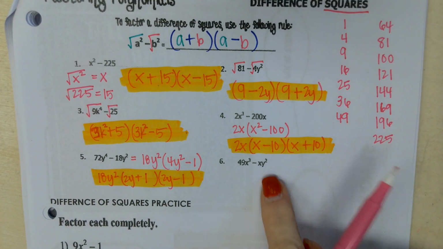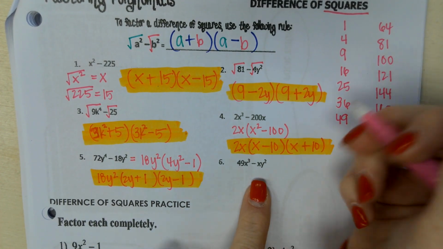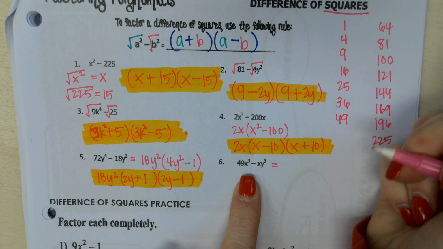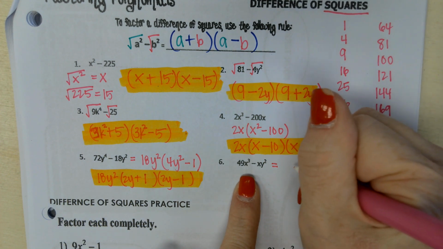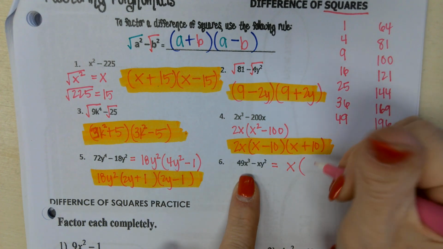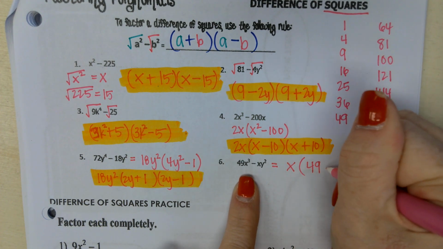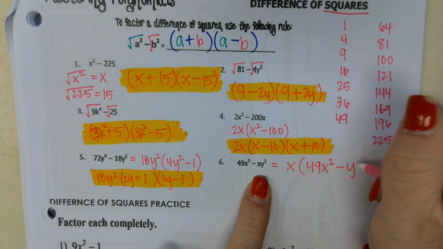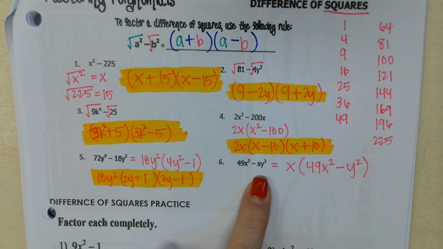Okay? What about number 6? What can I remove? What do they both have? They both have an x. Okay? So if I take out an x, that's going to leave me with 49x squared minus y squared.